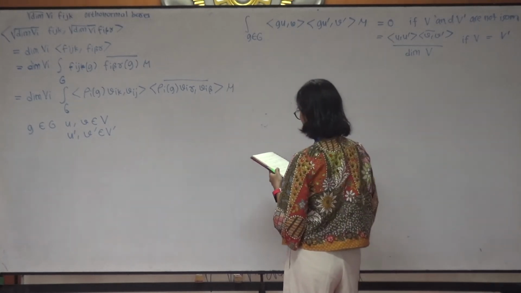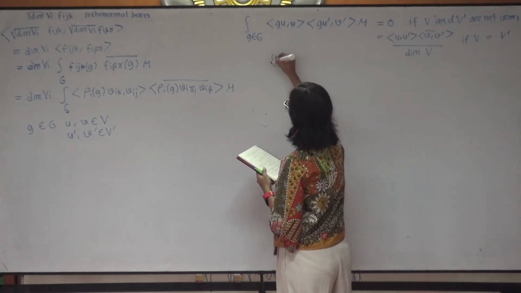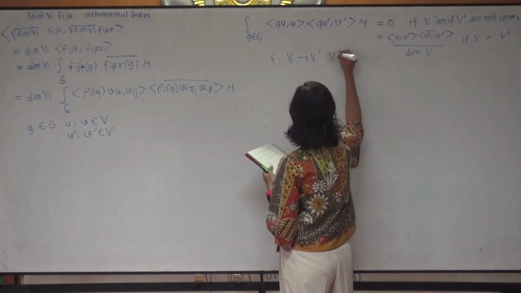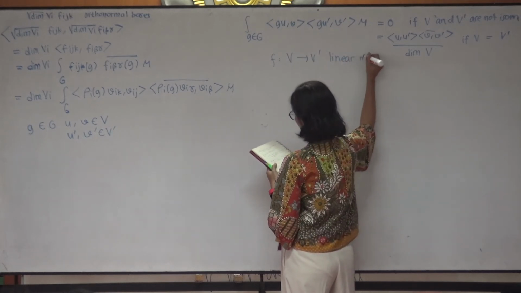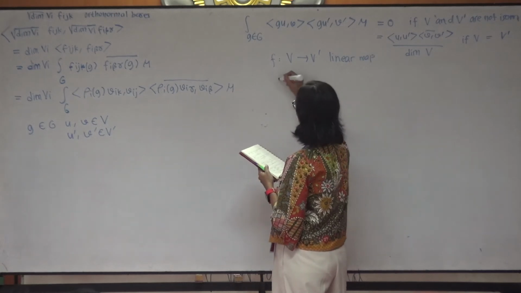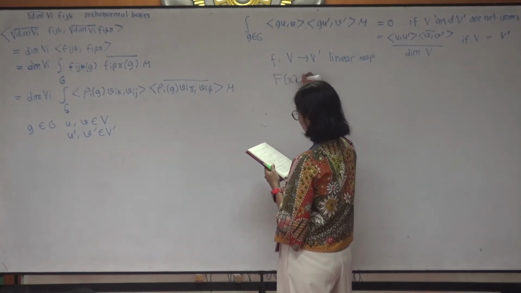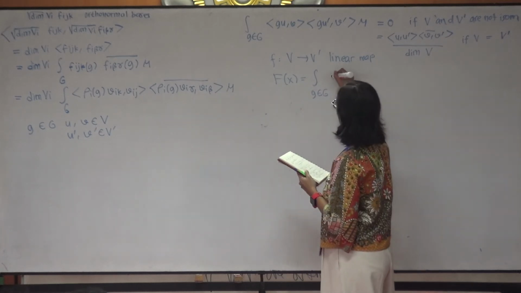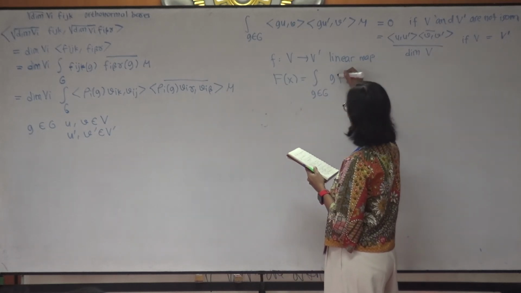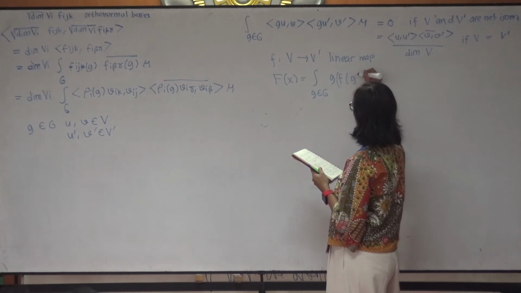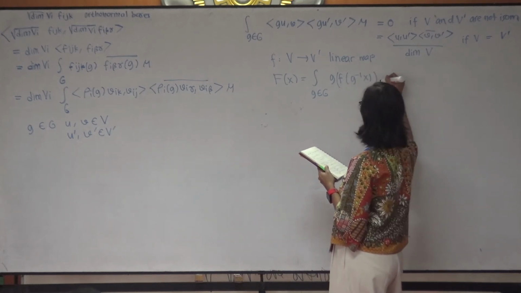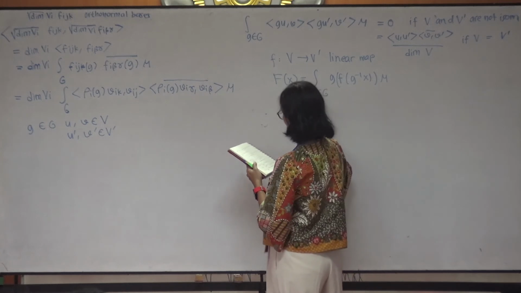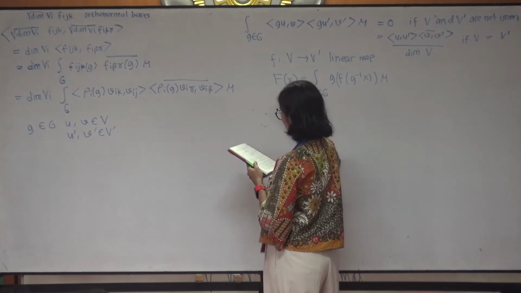First, we will need, let F from V to V prime be a linear map. And we can define this big F as this integral. And we can show that this is a morphism of representation.